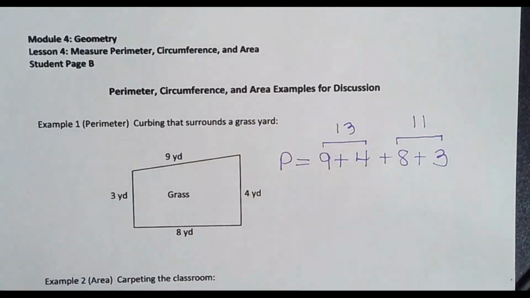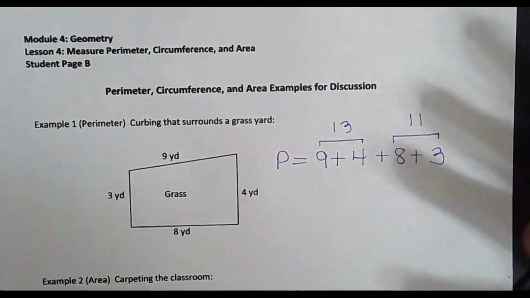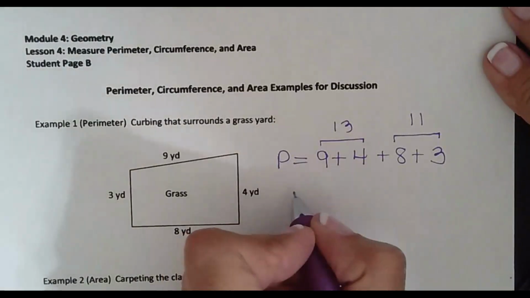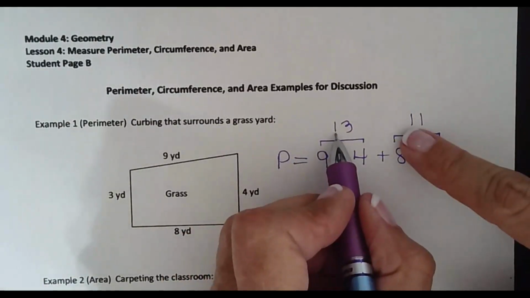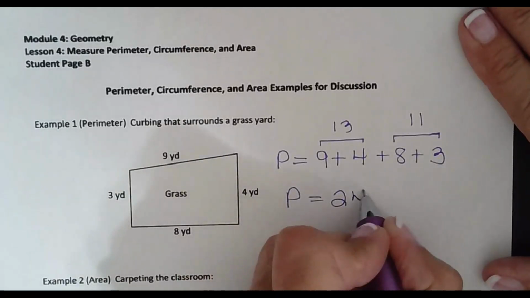So you don't want to become brain dead not using your calculator in this chapter, and then all of a sudden the next day you go, oh, I got to take my final exam. I need to be able to do this without a calculator. So if it's something easy like this, don't just type it into your calculator. Use your good old brain. Keep it busy. So 13 plus 11 is going to be 24. So the perimeter is 24 yards.